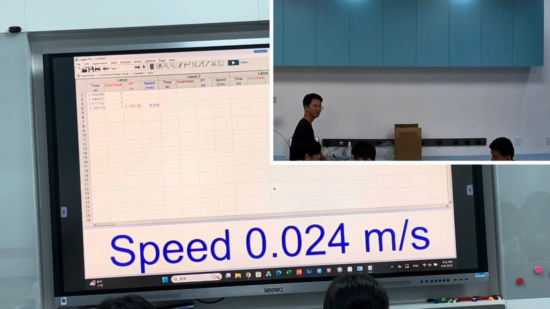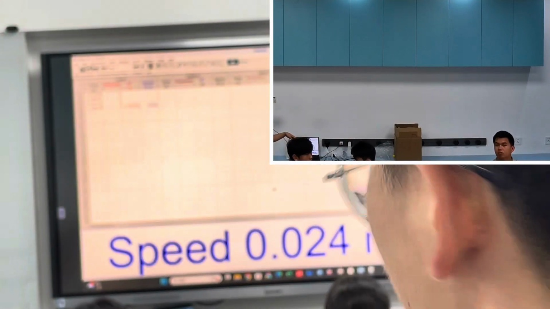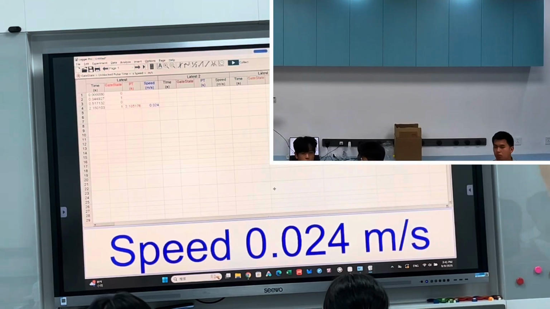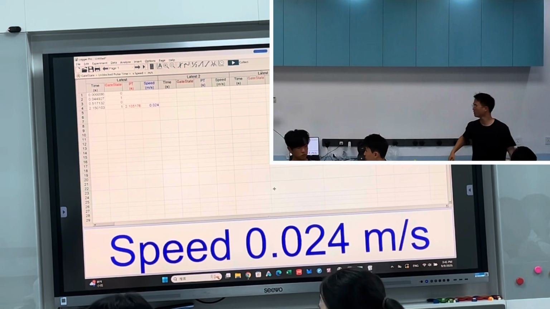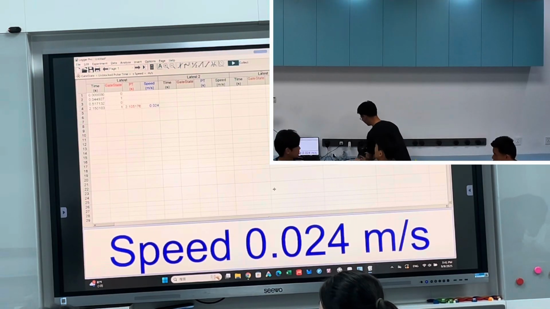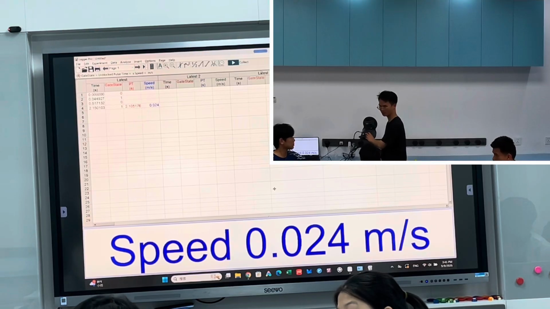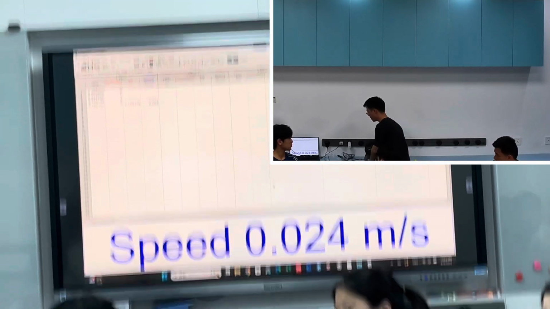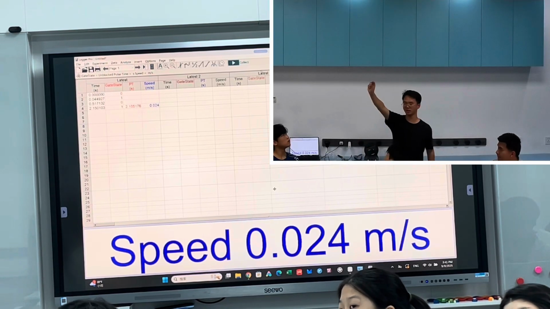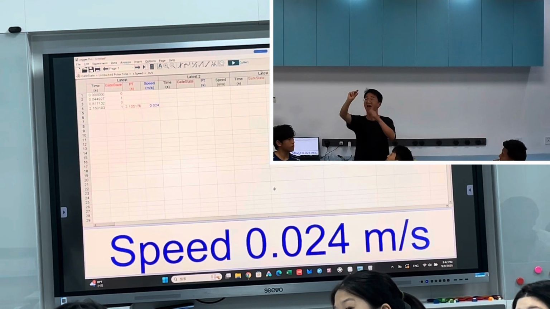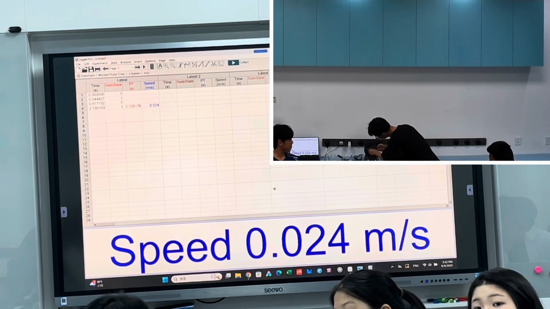You can come back and see the setup here. I don't have a table in the front, so I cannot do that there. So here I have what we call a projectile launcher. It can launch the projectile. How does it work? We have a metal ball here, and we can put it into this projectile launcher.